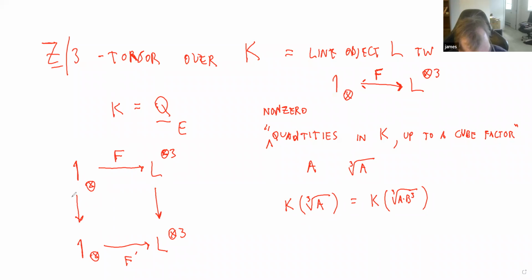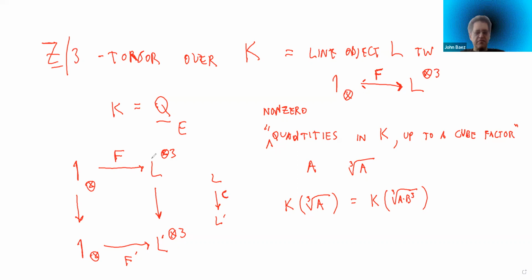Right, so what do you need? You need a morphism from L to L prime, and let's call it C perhaps, though it's probably really just B again.